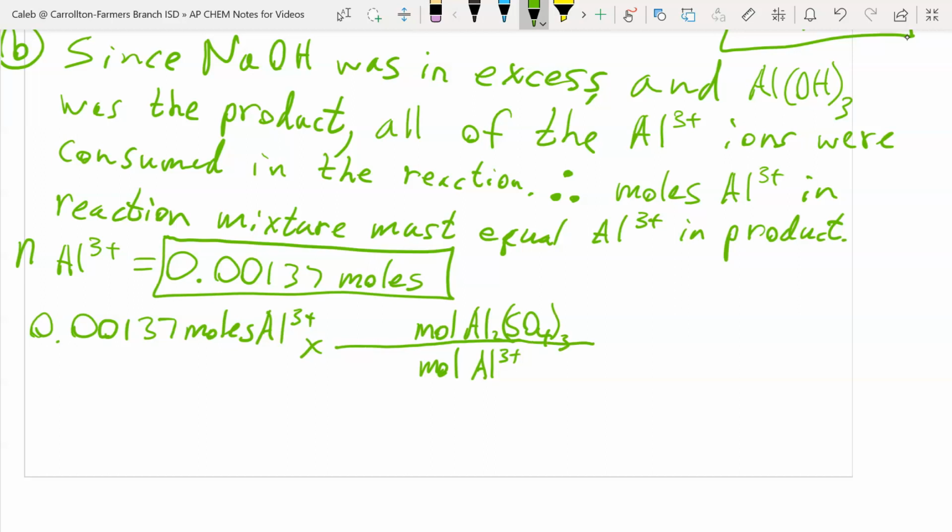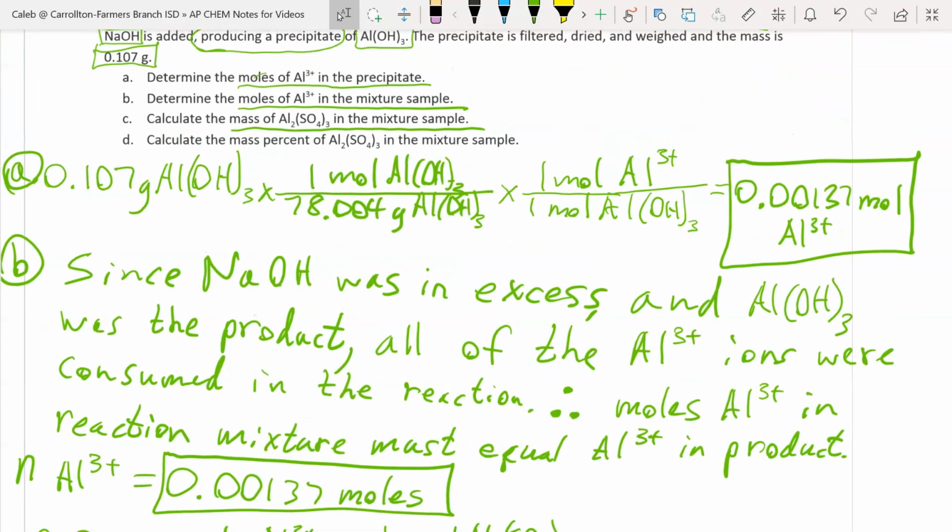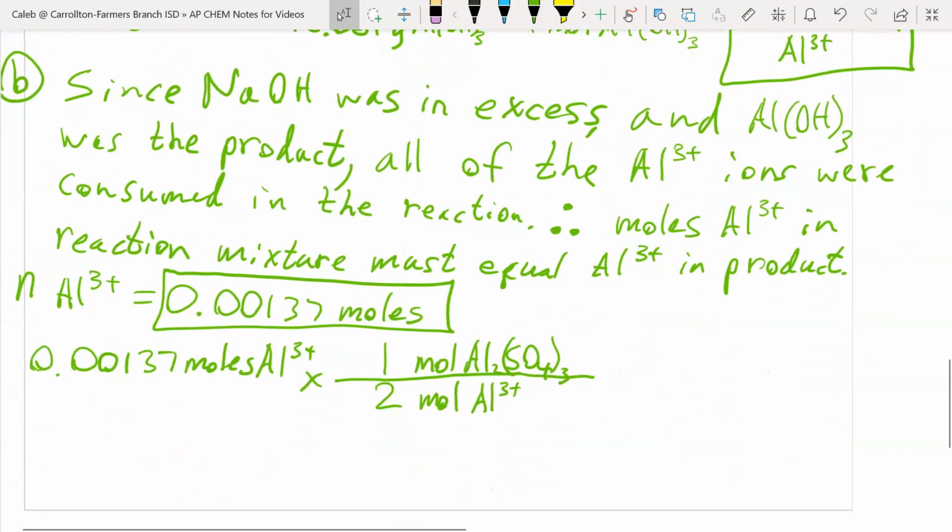We need to know the relationship between these. Well, I have 2 moles of aluminum ions for every 1 mole of Al2(SO4)3, but I want to know the mass of it. So we are going to multiply by the molar mass over 1 mole of Al2(SO4)3.